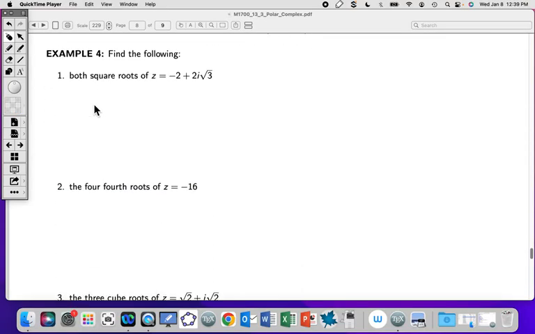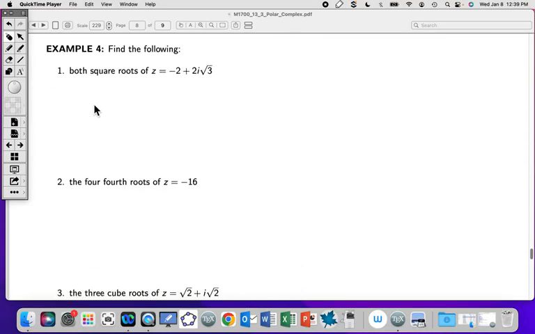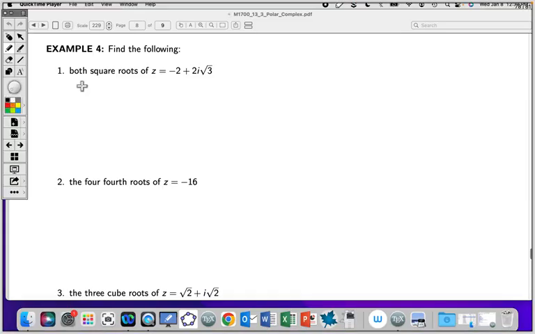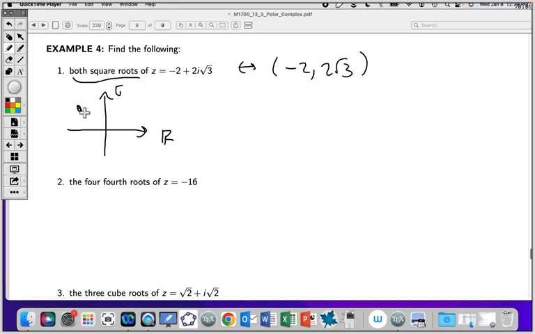So let's put this to some good use here. The first thing we need to do any of these things is get the polar form of the complex number. Here it asks us for both square roots of this. So first off, we have to put this into polar form, and I believe this is one we did earlier. This corresponds to the rectangular point 2 comma 2 root 3, which is over here.